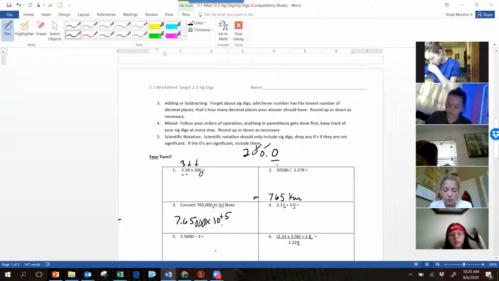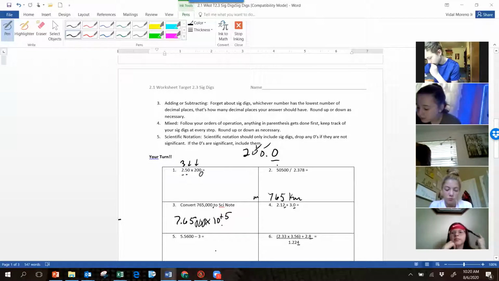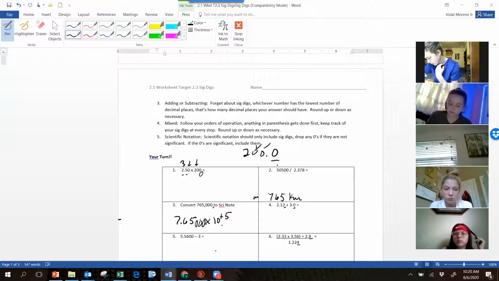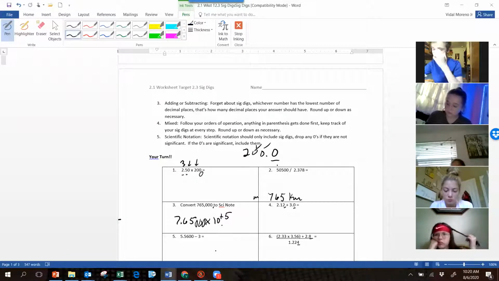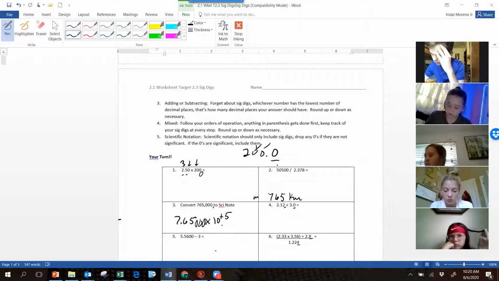The question is, is this significant? Put 200.0 on your calculator right now and hit enter. Tell me what you see. What does your calculator tell you?